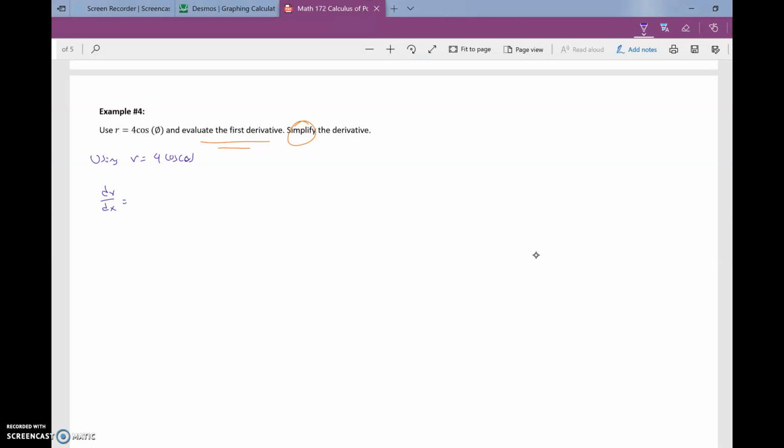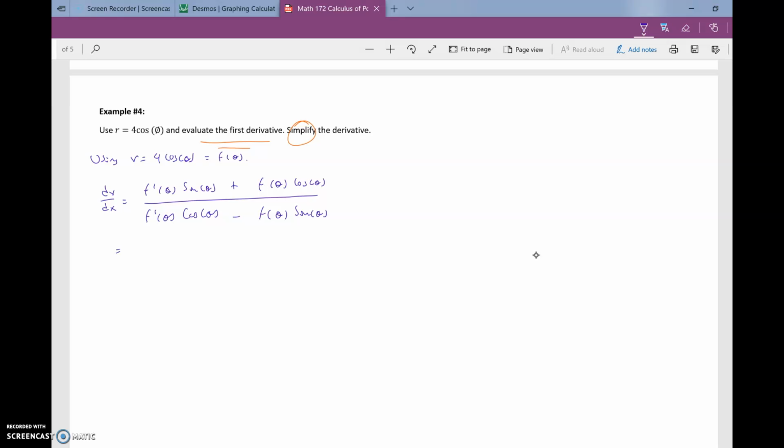Okay, so the actual formula is f prime of theta sine of theta, plus f of theta cosine of theta, over f prime of theta cosine of theta, minus f of theta sine of theta, and obviously we're using r as your f of theta.